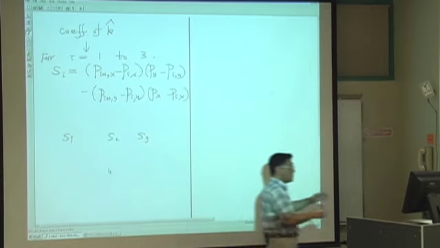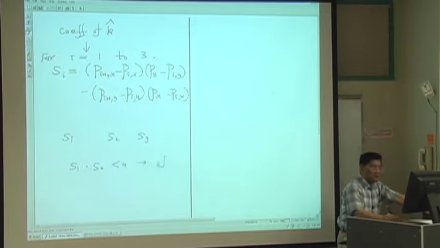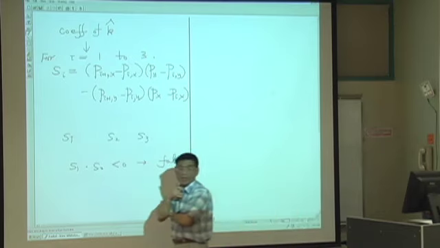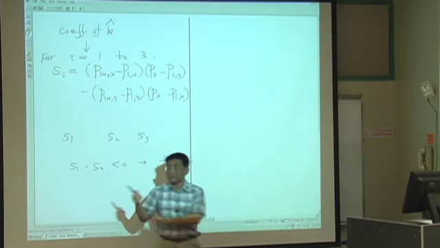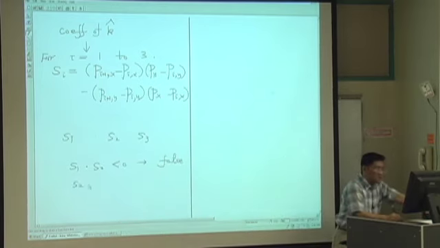It's not very difficult. Multiply S1 and S2. If it is minus, then false, right? In other words, it's not inside the triangle. If this is plus, then check the second thing. S2 and S3, if this is minus, then it is false, right?